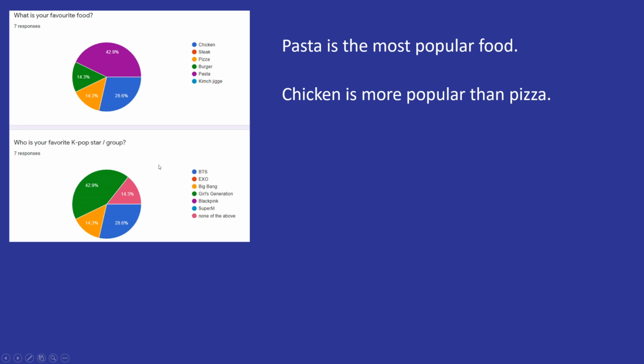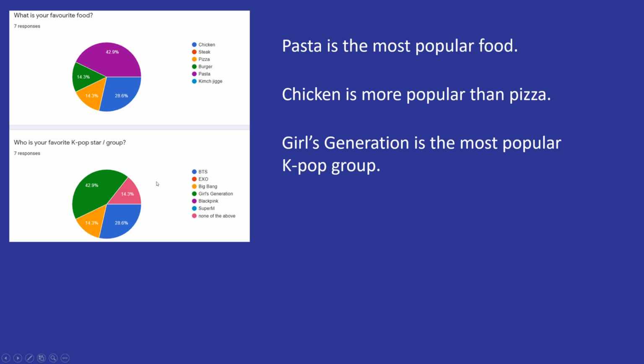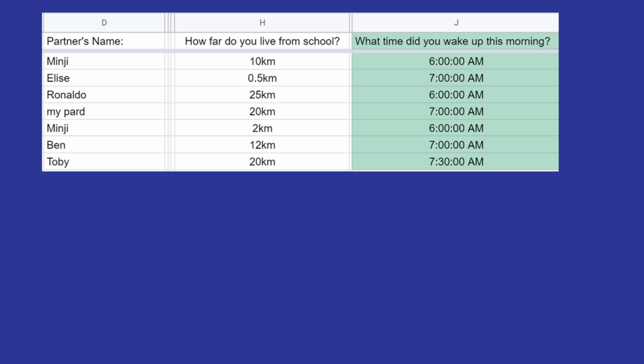And with the next one, perhaps, where are we? Yes, Girls' Generation is the most popular K-pop group, and BTS is more popular than Big Bang. Okay, very controversial. So those are the pie charts. What about some spreadsheet data?